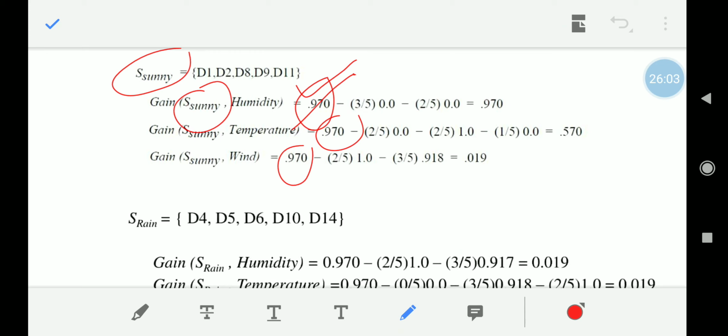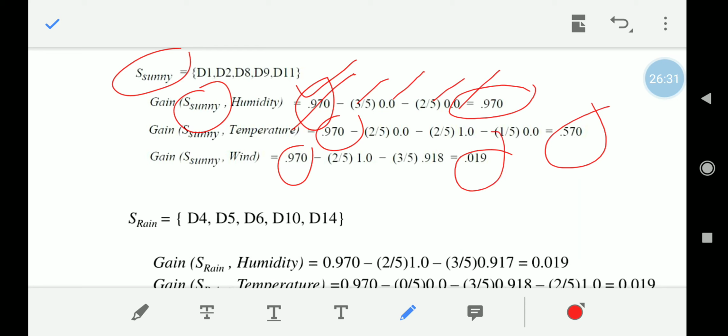So these are the two values for humidity, high and normal, and here your entropies are 0 because in humidity all belong to the same class. So you are getting the values 0.970, 0.570 and 0.19. So now you have to consider humidity next because its gain is more.